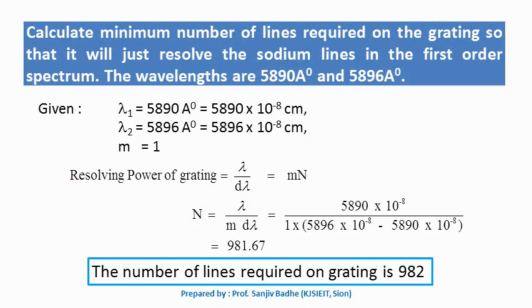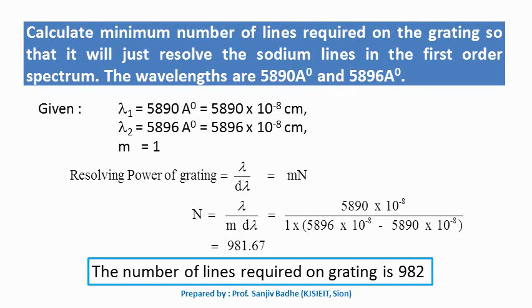Now in this problem we are asked to calculate the minimum number of lines required on the grating so that it will just resolve the sodium lines in the first order spectrum. The wavelengths are 5890 angstroms and 5896 angstroms. So here we know the sodium doublet has got two wavelengths, 5890 angstroms and 5896 angstroms.